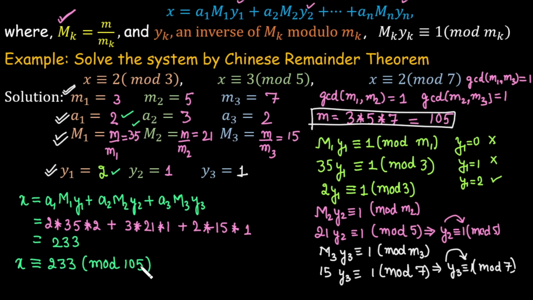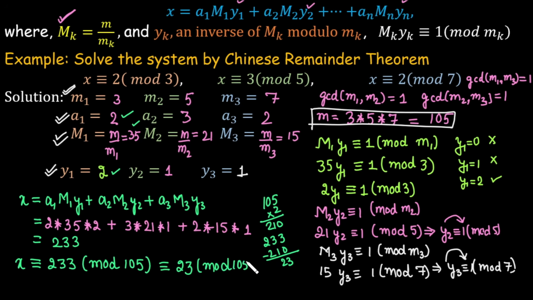Now this number is greater than 105, so we can further simplify this and find the remainder in this case, that is equal to 23. How? Because 105 into 2 is equal to 210, and when we subtract it from 233, we have 23. So the remainder in this case is 23.